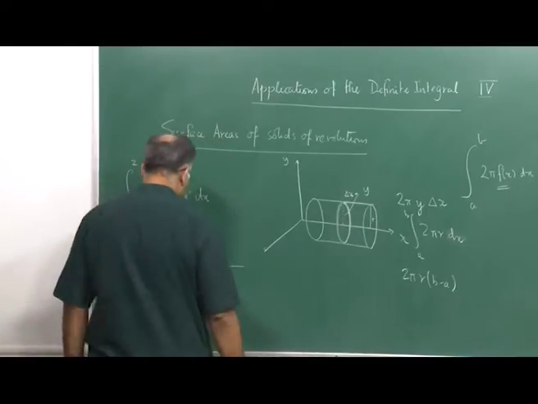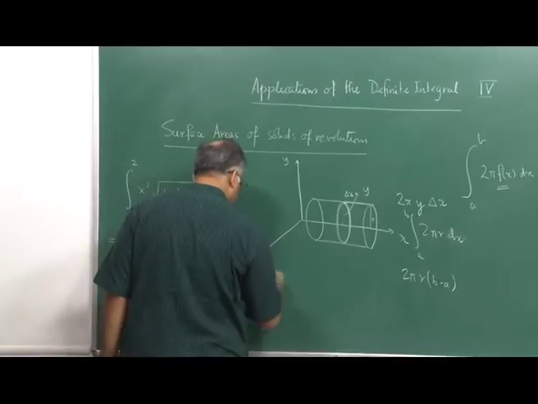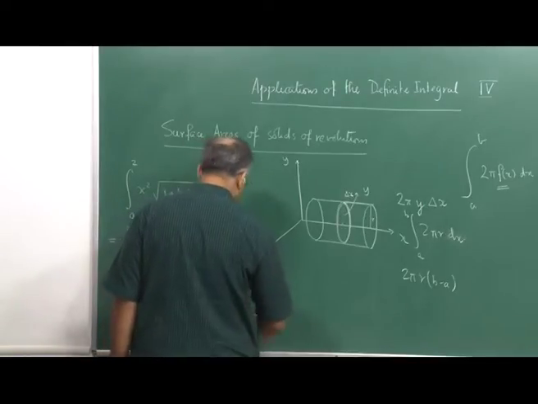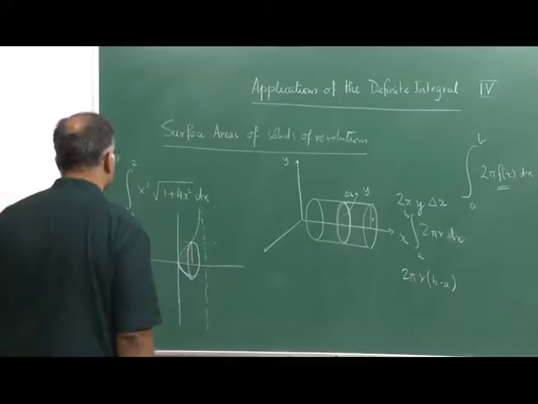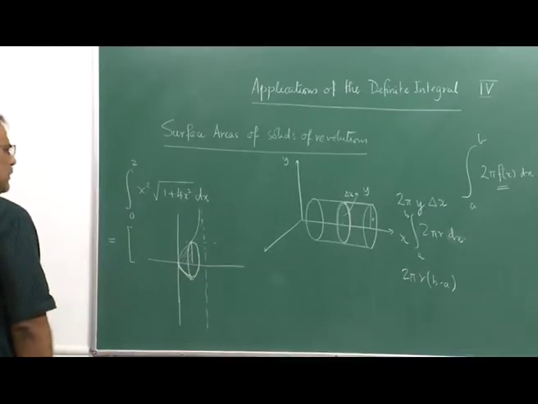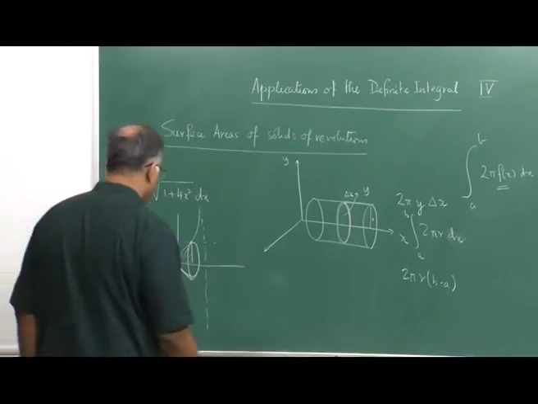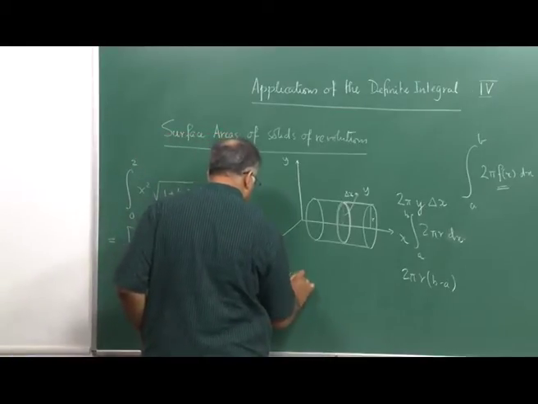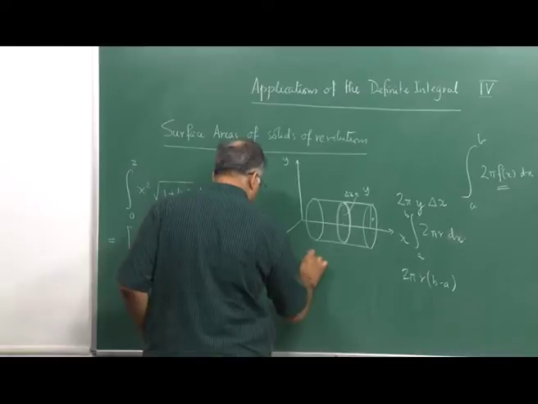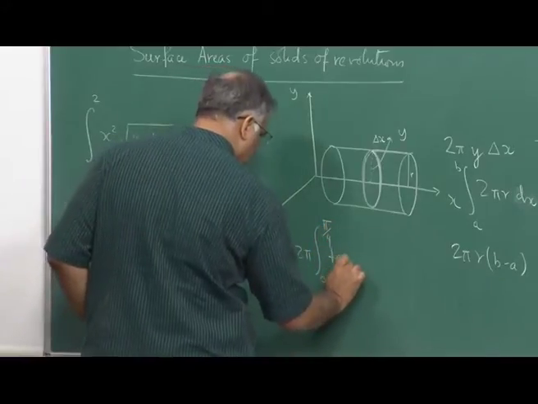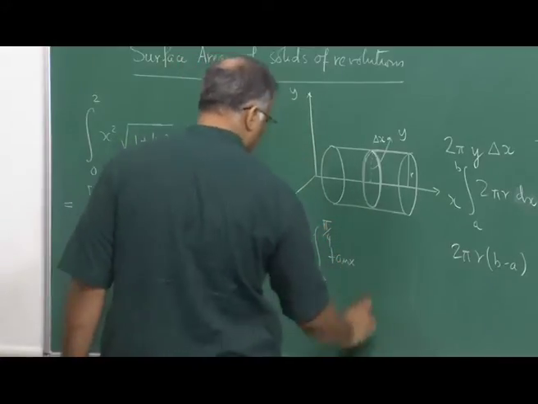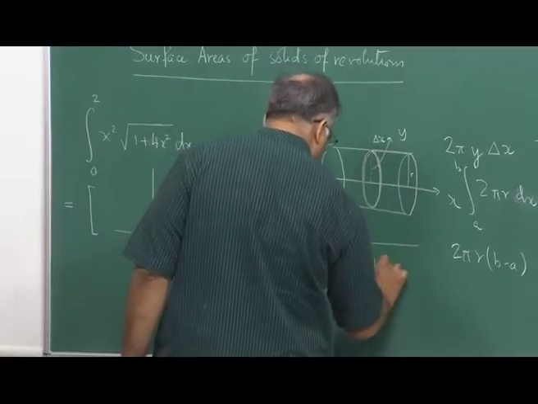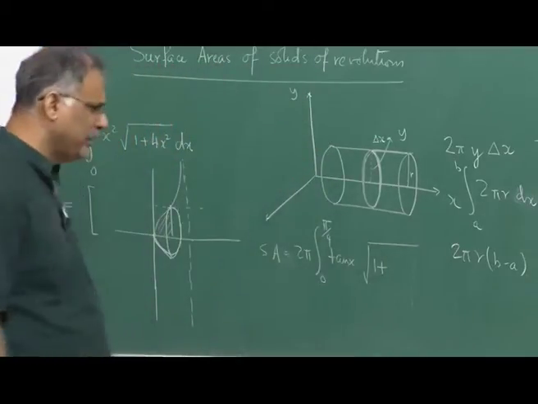So, here what I will do is the tan x business. The surface area is 2π times the integral from 0 to π/4 of tan x times the square root of 1 plus (dy/dx)², the derivative of tan x.